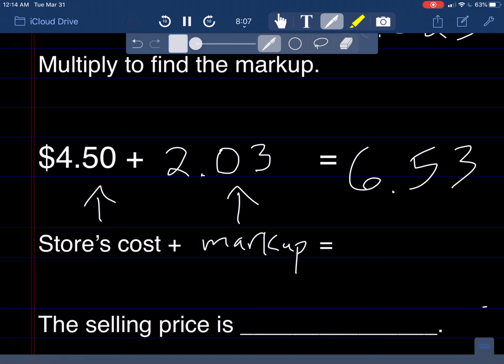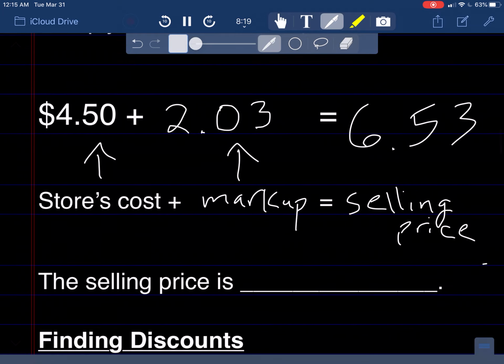Plus the markup, and it should equal the selling price. Now, we found 6.53, so the selling price is, hopefully you're saying it, $6.53. Okay? So that's how we find the selling price.